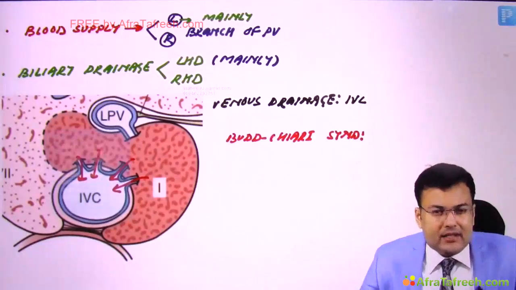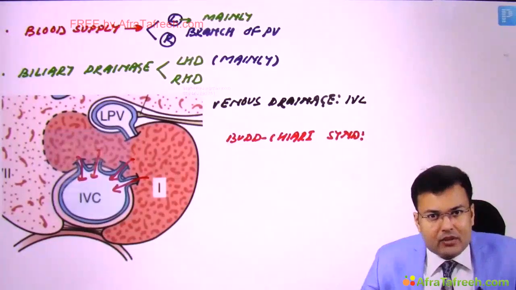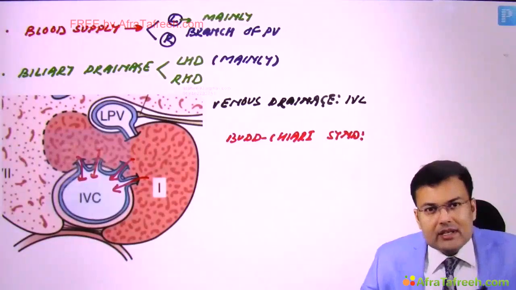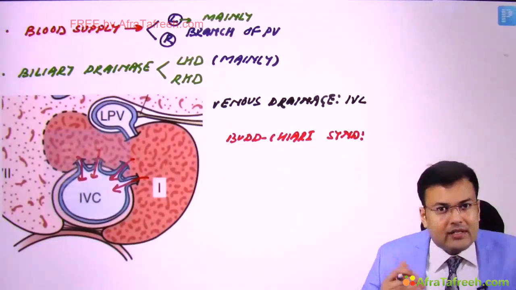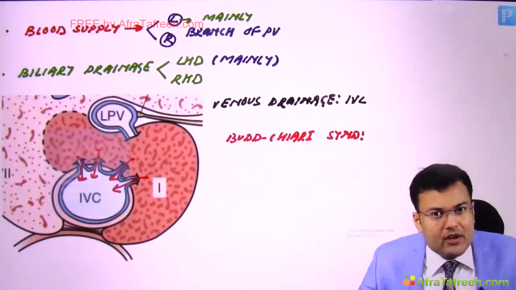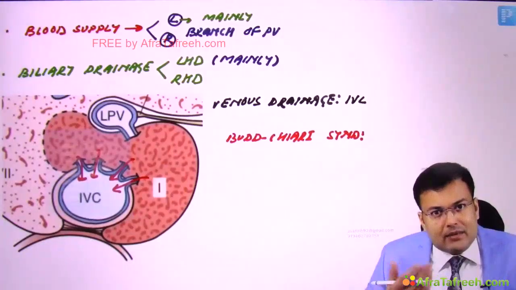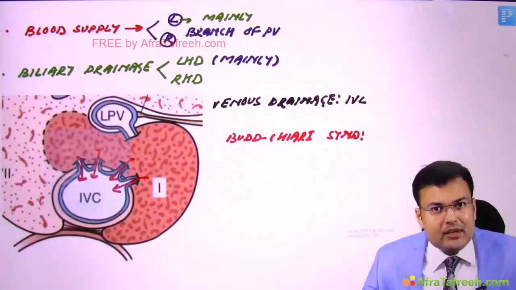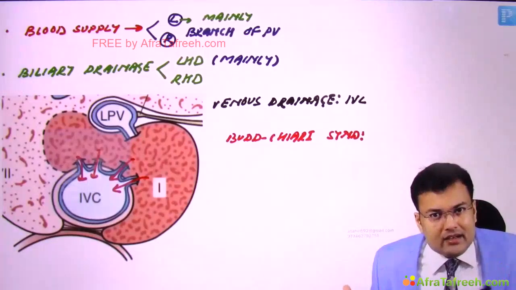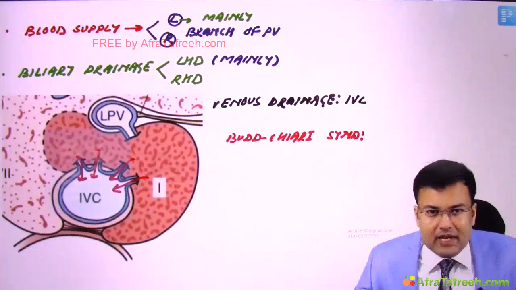Mainly, it is caused by hepatic vein thrombosis. Clear? Whenever there is hepatic vein thrombosis, there is hepatic venous outflow obstruction, so almost the whole liver is affected. If there is arterial supply but obstructed venous drainage, what happens to the liver? The liver is congested.